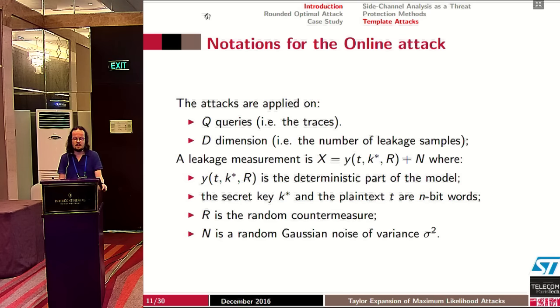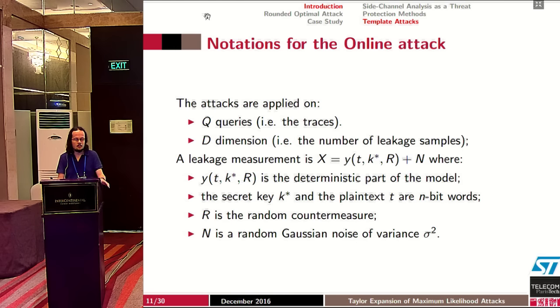In this presentation, the attacks are applied on Q queries, which are the leakage measurements, so the traces, and on D leakage samples. This value D is called the dimension of the attack. Each leakage measurement can be modeled by a deterministic part and a random noisy part.